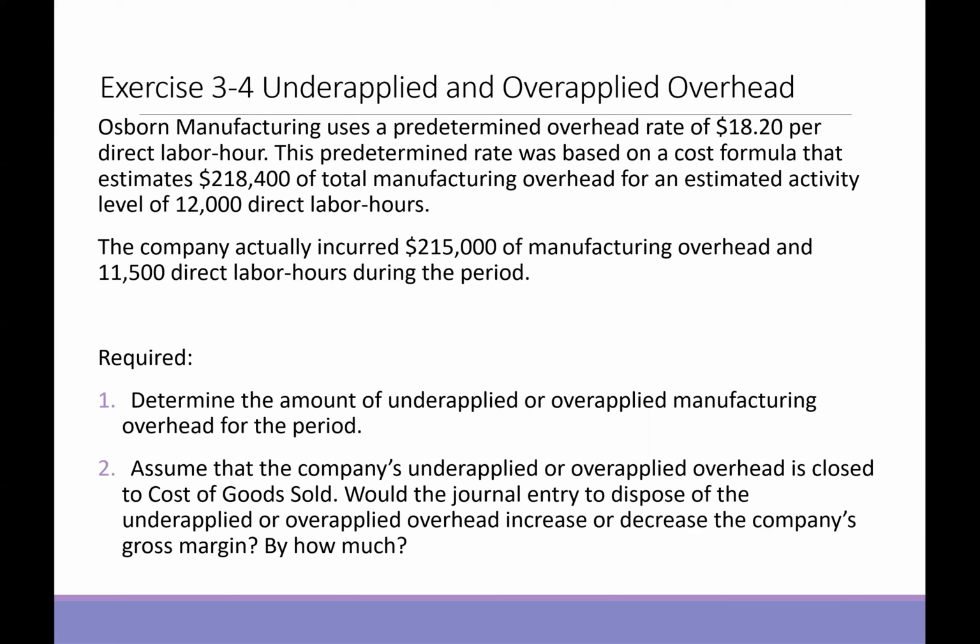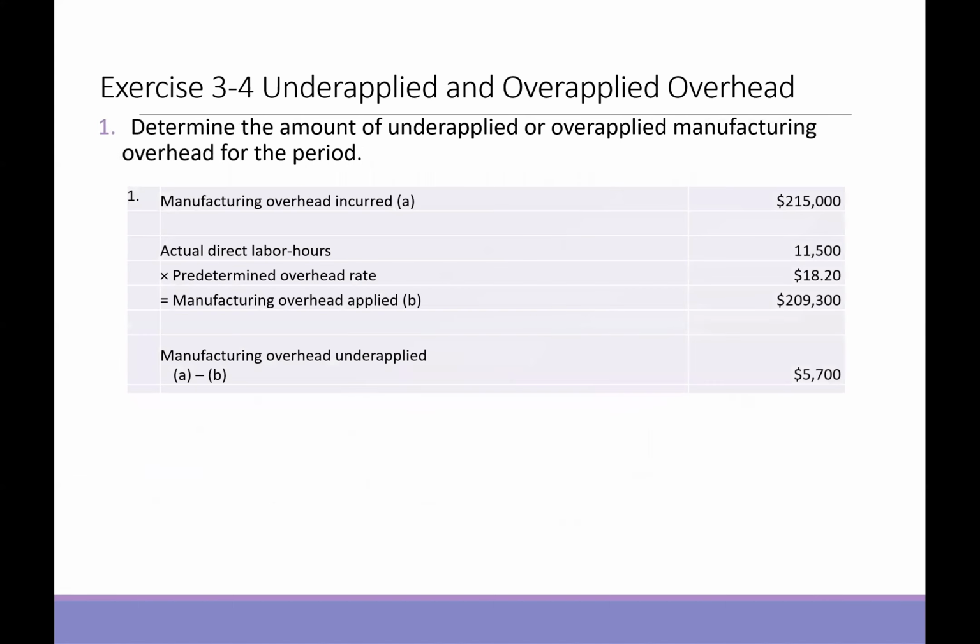So we have to figure out, did we under apply or over apply? So if we take our 18.20 times 11,500 hours, we've got 209,300 that we've applied.